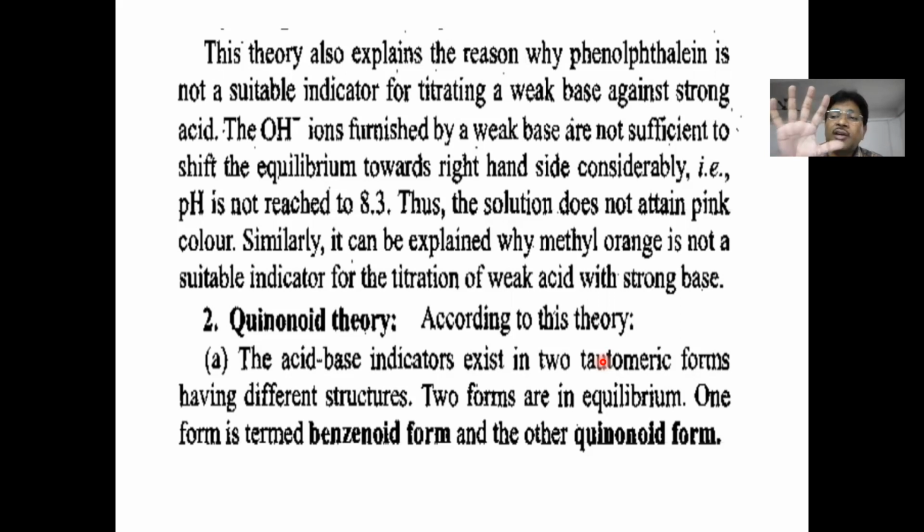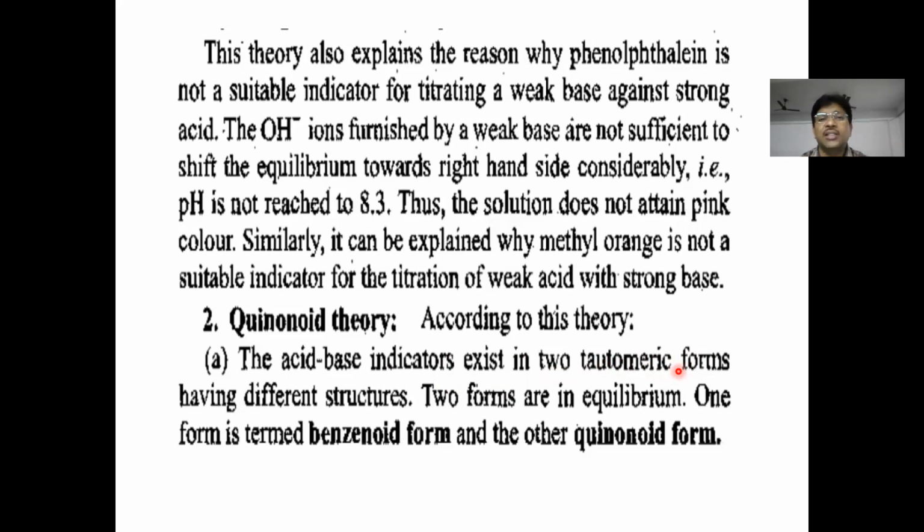Then we get another structure B. Now structures A and B are called what? Tautomeric forms. So the acid-base indicators exist in how many tautomeric forms? Two tautomeric forms. And the phenomenon is called tautomerism. That all we'll discuss in organic chemistry.